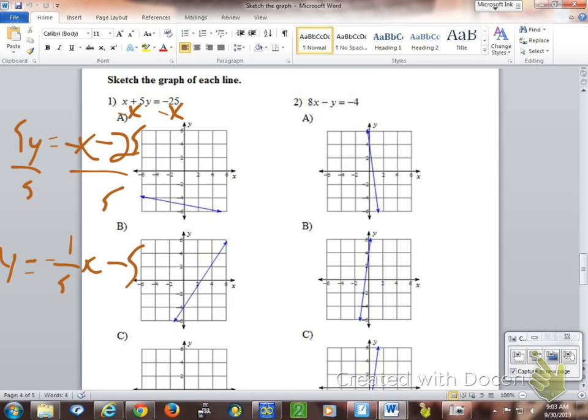So, slope of -1/5, y-intercept of -5. I think it's A, going through -5 and slope of down 1/5. Yeah, it's A. Luckily it was on the board. So it was A. Solving for y is the key.